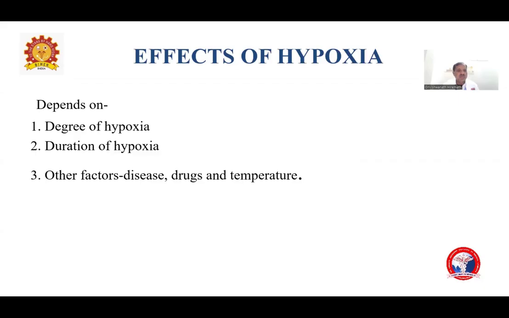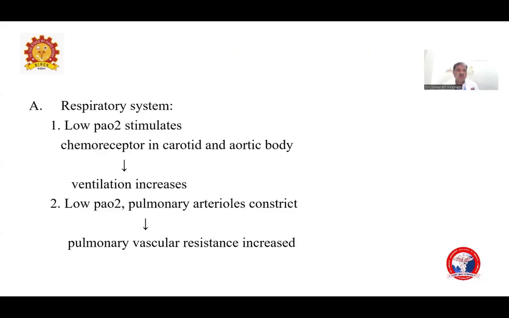Effects of hypoxia depend upon the degree and duration of hypoxia. Other factors like disease and drugs will also contribute. The respiratory system: low PO2 stimulates the chemoreceptors in the carotid and aortic body, leading to increased ventilation.